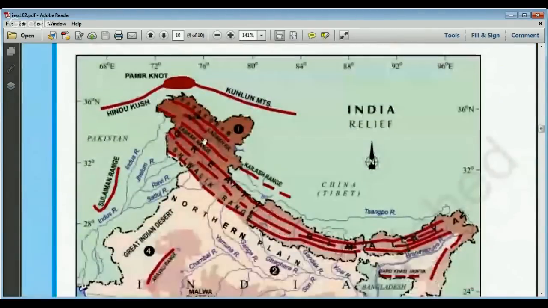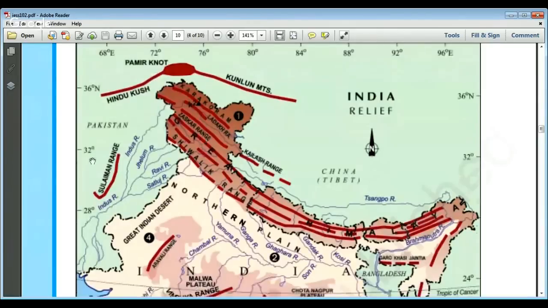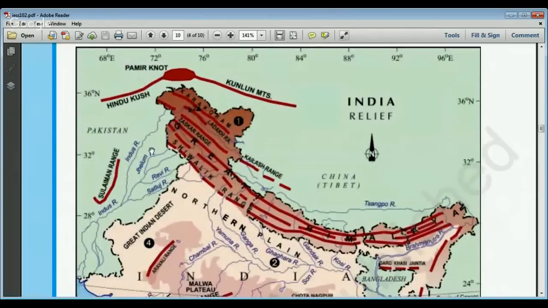Now this is another figure, a map of Indian relief, and again all those ranges are given there, and some of the tributaries of the Indus are also there. So there is a formula to remember all the tributaries of the Indus. You should also remember all the tributaries from north to south, because this can be asked directly in the examination.